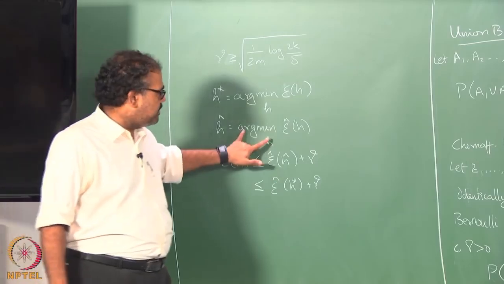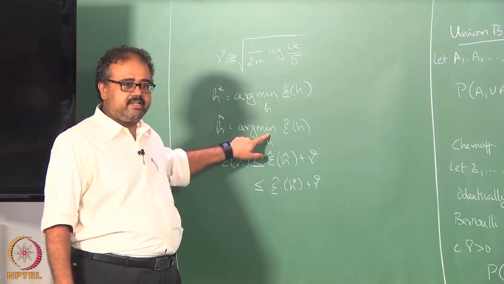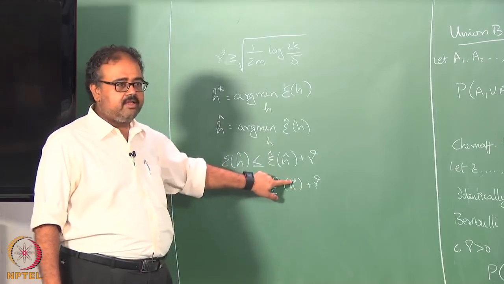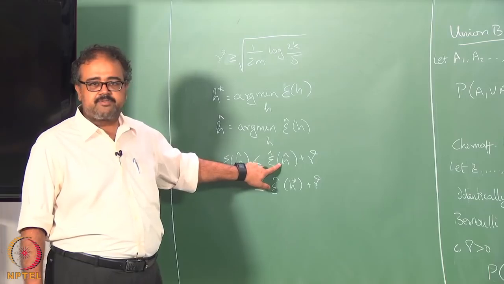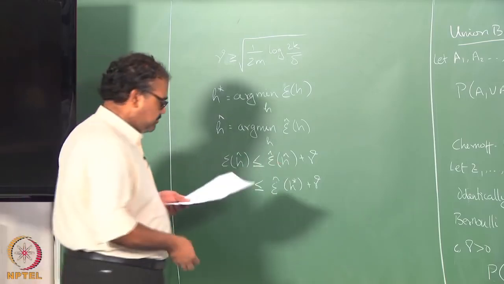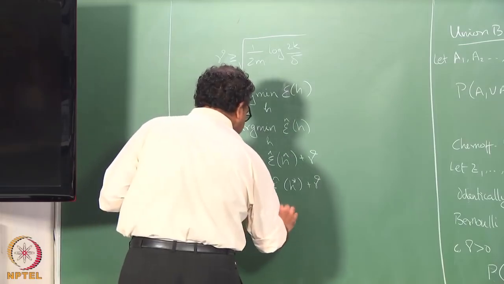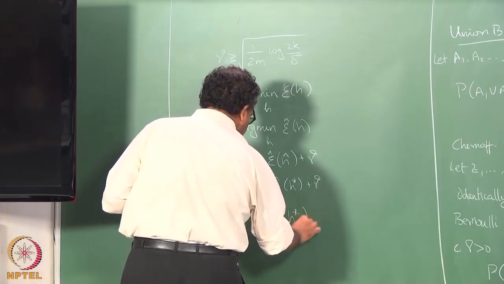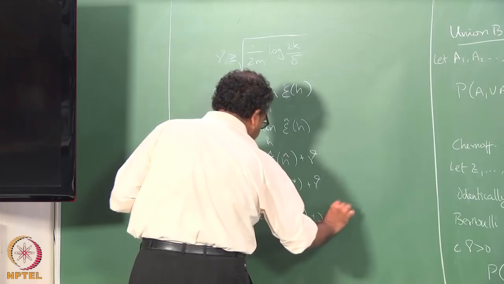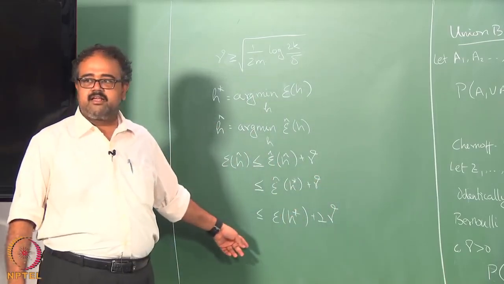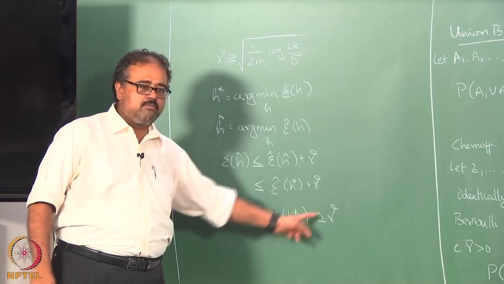This I am using by virtue of the fact that I did minimization here, and therefore epsilon hat of H star should be worse than epsilon hat of H hat. Using uniform convergence again, I can peel out one more gamma from there.